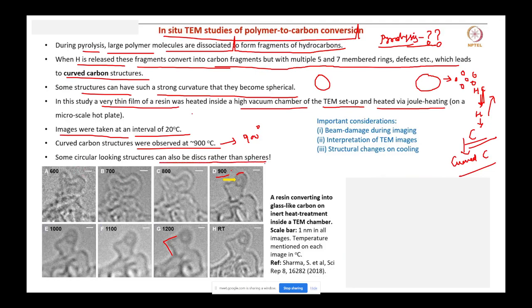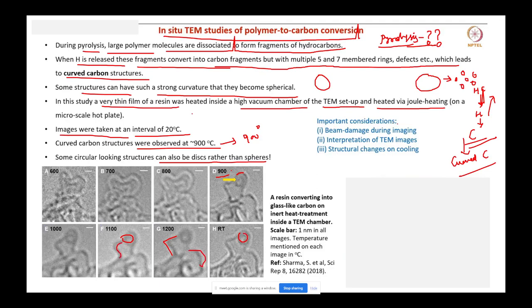Okay, they are like discs rather than spheres. Here also you can see something, maybe they are talking about this. I do not understand this image clearly, but yeah, maybe like this.